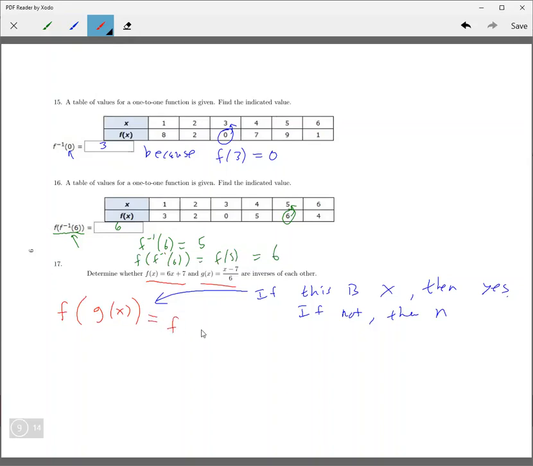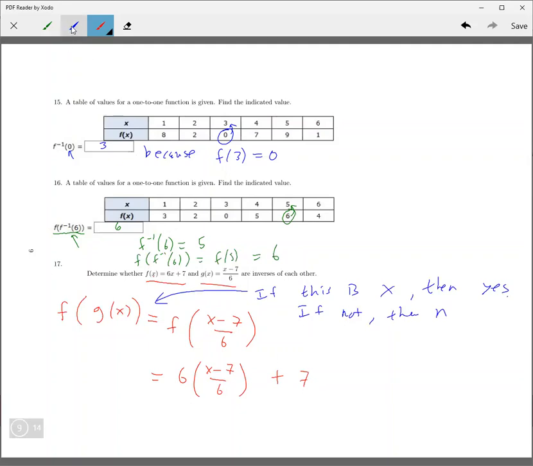So we can go ahead and calculate that. F of G of X. So G of X is this. It's X minus 7 over 6. Okay, now we're going to plug it into here. So this X has been replaced with all that. So that means we're going to replace that X with all of this. And then you have this plus 7 right there.